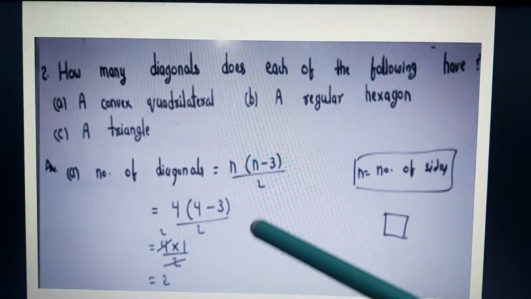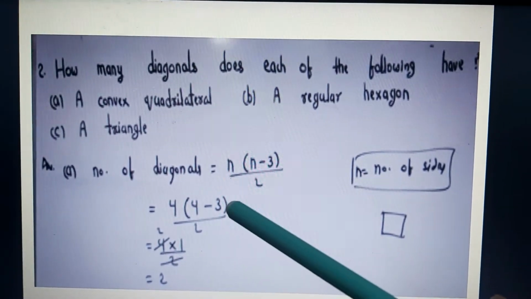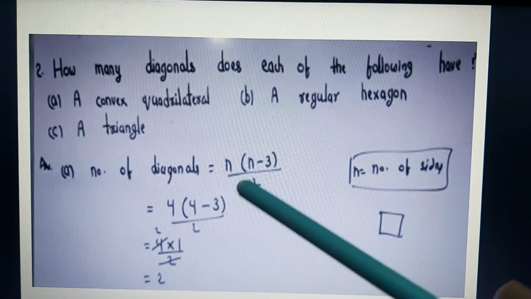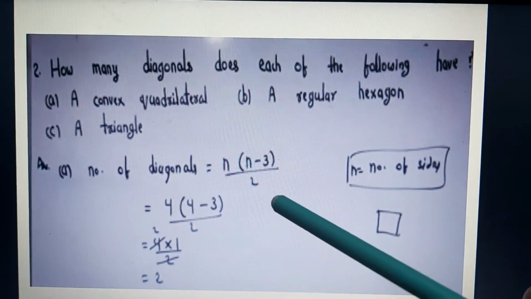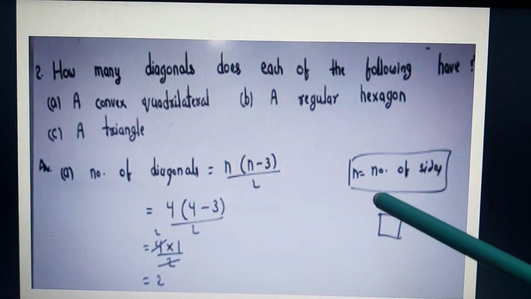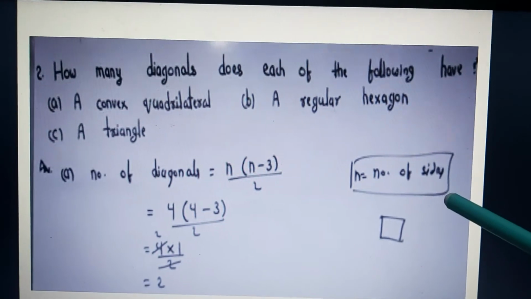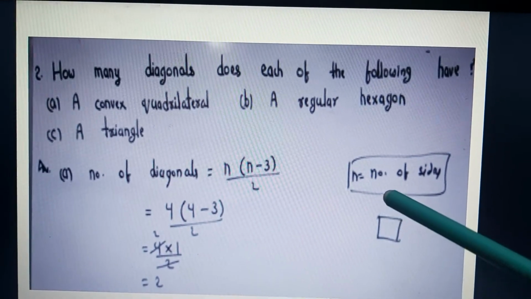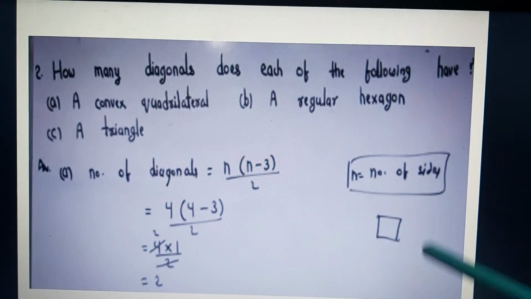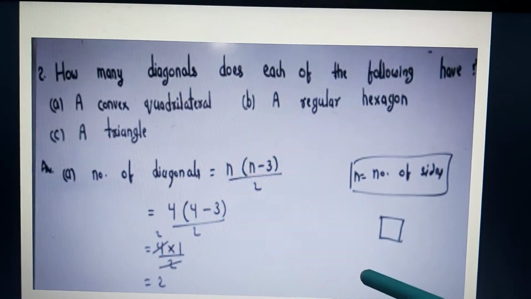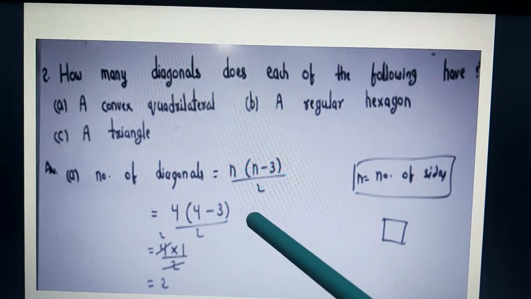Number of diagonals, what is the formula? Number of diagonals is equal to n(n minus 3) divided by 2, where n is the number of sides. How many sides are there? 1, 2, 3, 4. So in place of n we write 4.